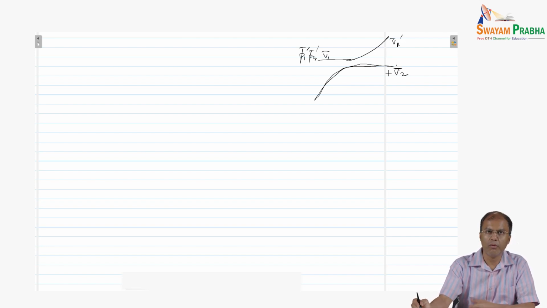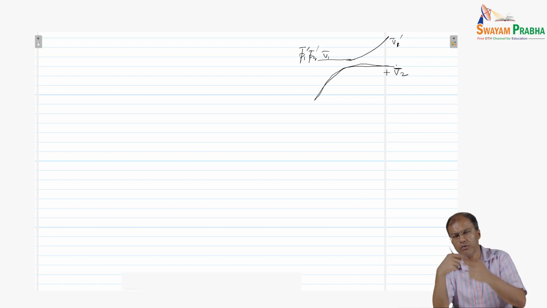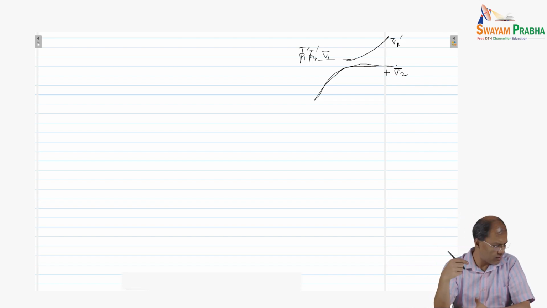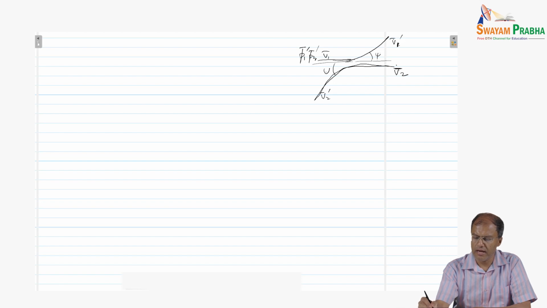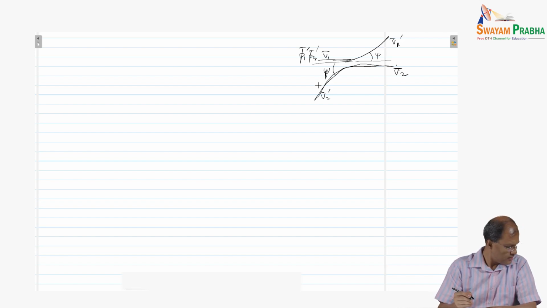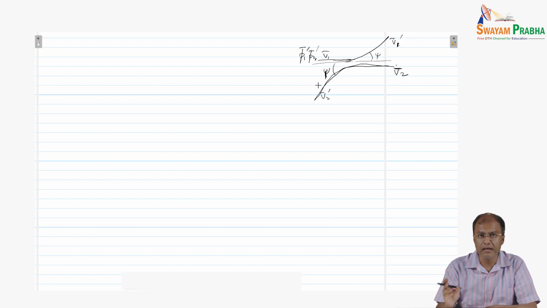So remember, in the zero momentum frame, the velocities are equal and opposite. Otherwise, the momenta are not going to cancel. So the diagram looks like this. So V1 prime, and then in the opposite direction, we have V2 prime. And we will have the same angle psi. So this is psi, and the same angle here is psi. The same psi, right? And if we were to write now the energy conservation, momentum conservation is very simple, right?